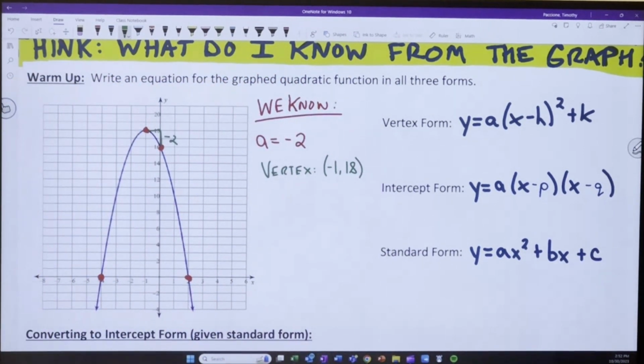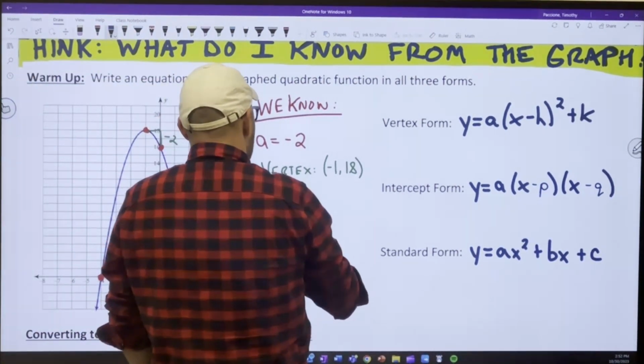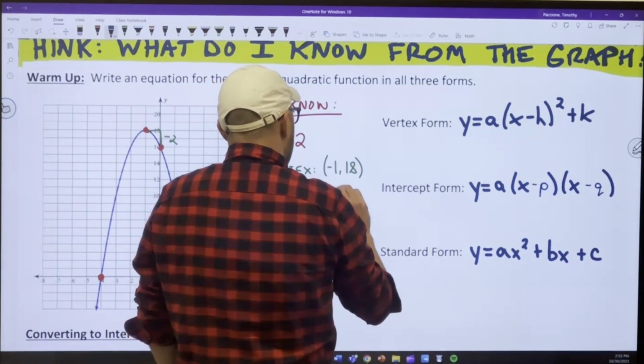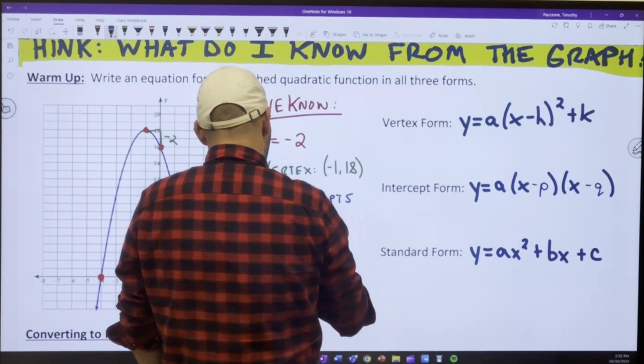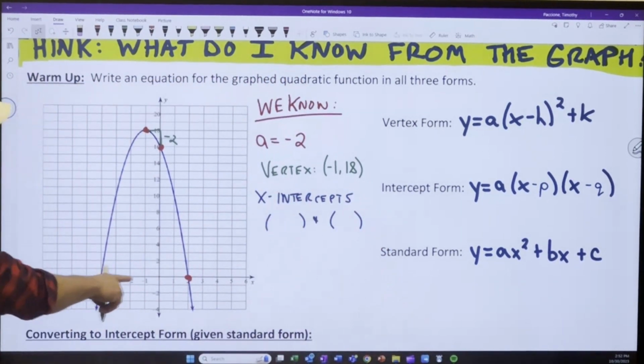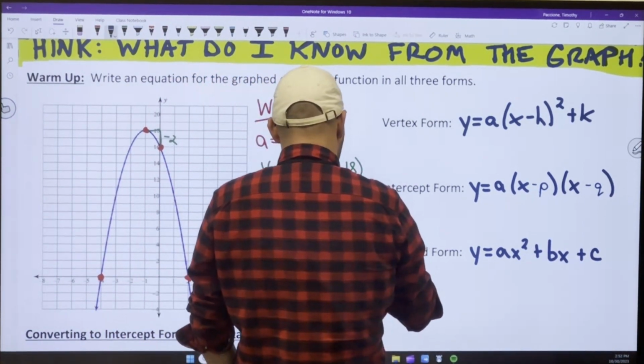What else do we know by just looking at this graph? Some x-intercepts. And they are what? Negative 4, 0. And 2, 0.